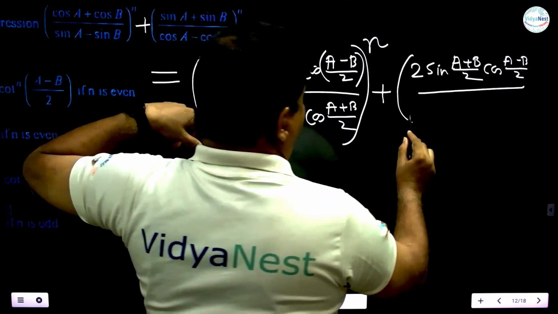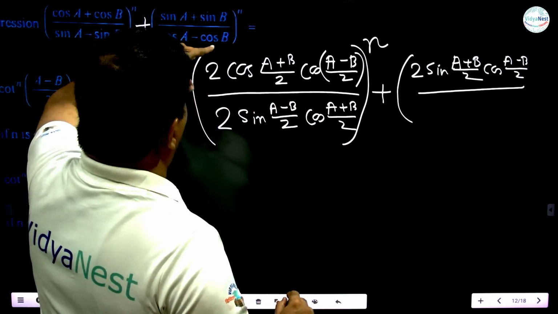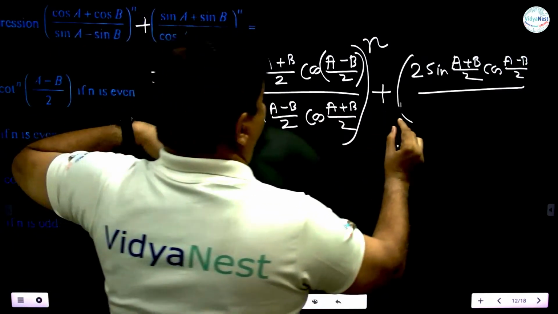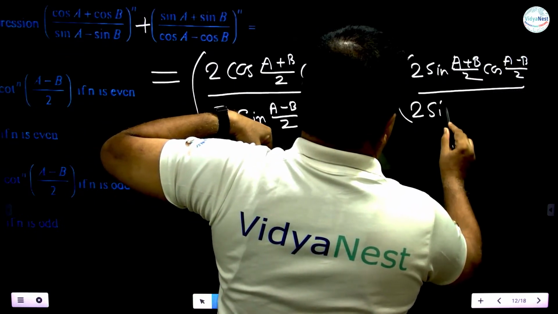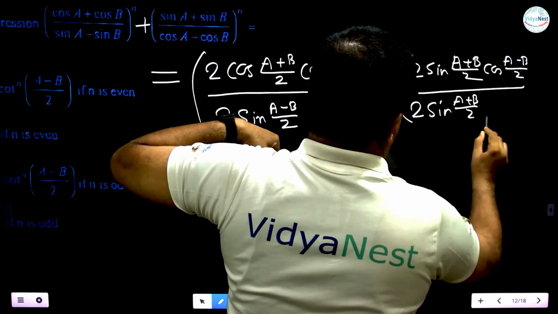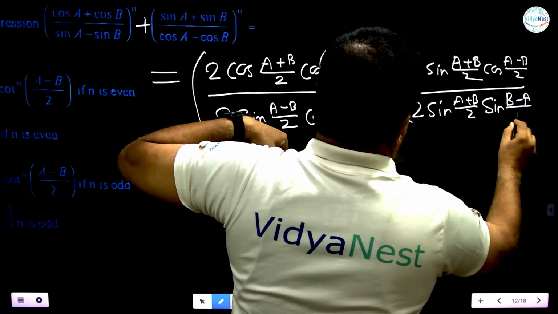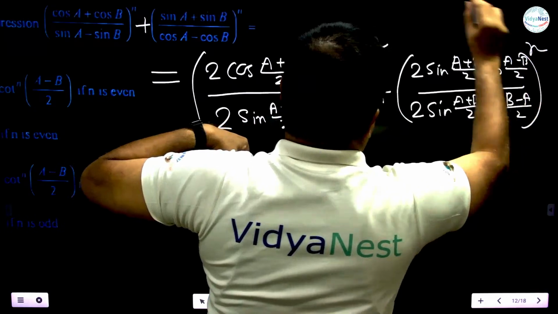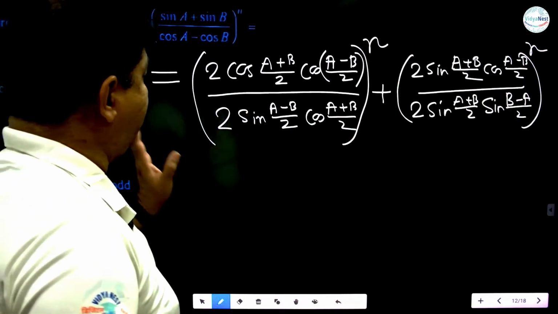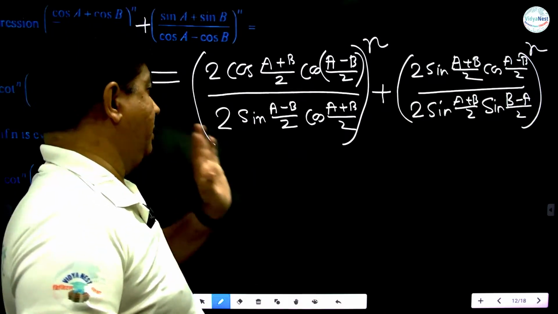In case of cos C minus cos D, always remember the ratio will be converted into sine: 2 sine (A plus B by 2) sine (B minus A by 2), whole to the power n. So that is the preliminary steps required.